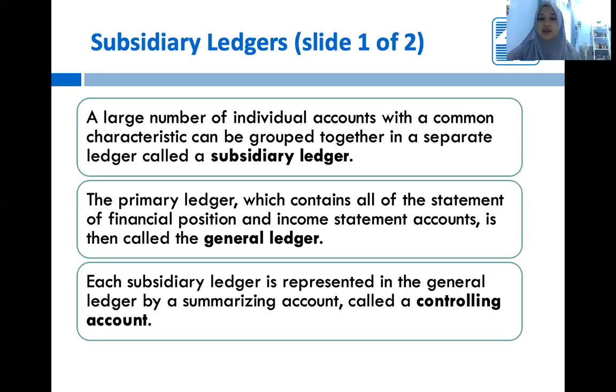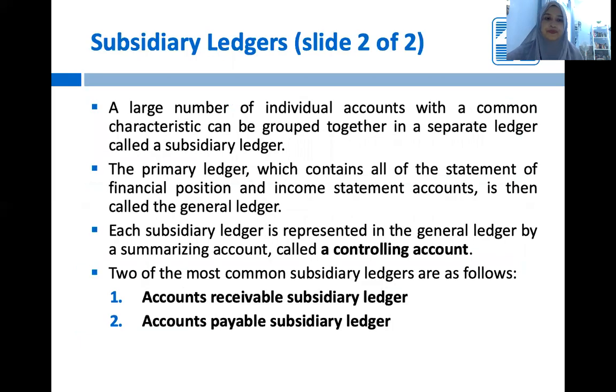So all the primary accounts are put in the general ledger. Each subsidiary ledger, or buku besar pembantu, is represented in the general ledger by a summarizing account called a controlling account.